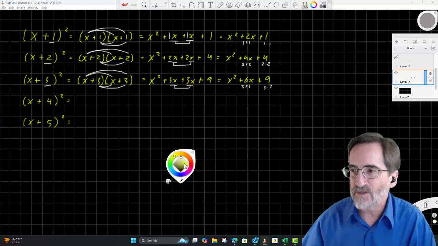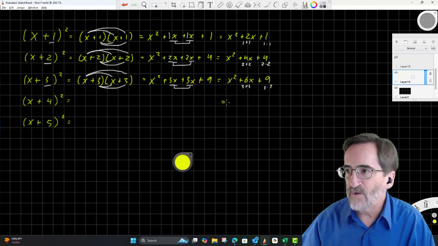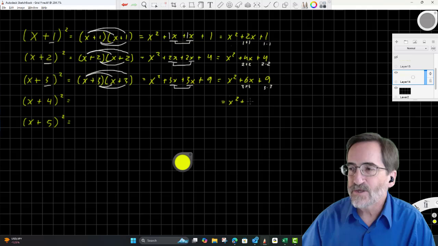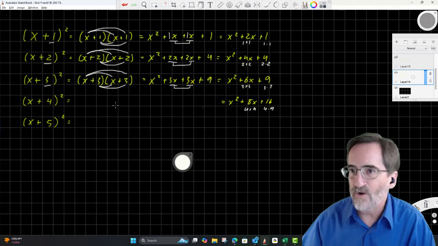So let's jump straight to the end. For x plus 4 squared, it's going to be x squared plus 4 added to itself. 4 plus 4 is 8x. And then 4 times itself, 4 times 4 is 16. I got that from 4 plus 4 is 8, and 4 times 4 is 16.